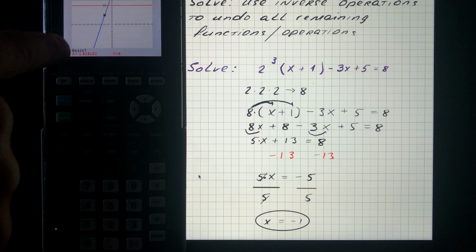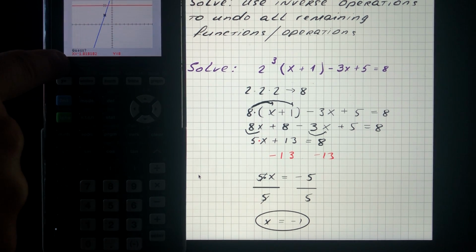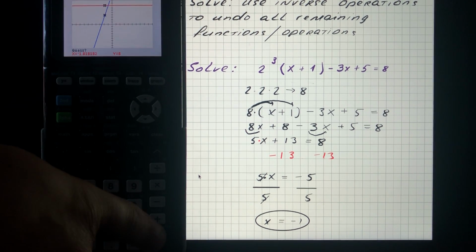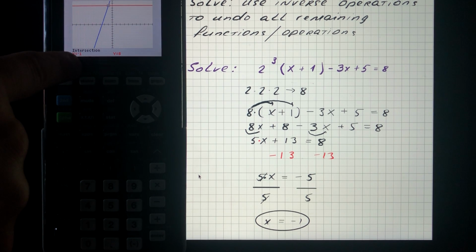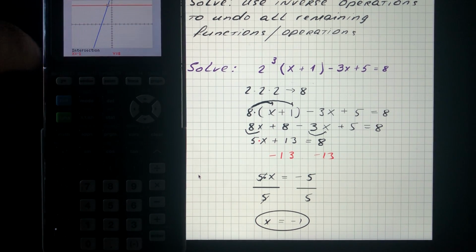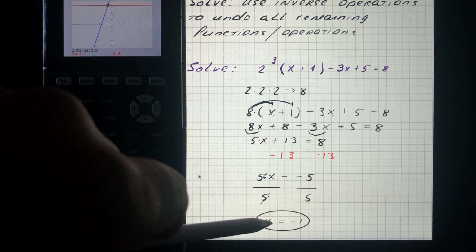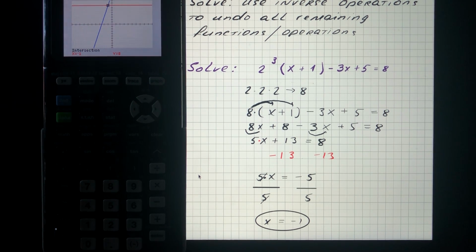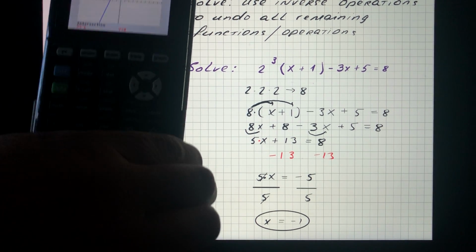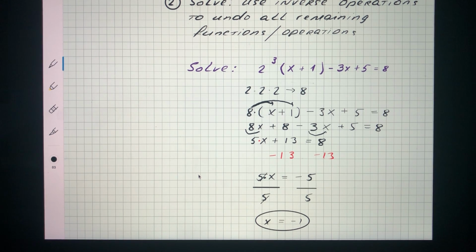Would you like to guess? Notice that it's not asking for an exact solution. It does not know what an exact solution is. It can only approximate the answer. So yes, enter confirms. And the answer is negative 1. So the x answer is negative 1, exactly the same as what we have found by hand. So we can use the calculator to double check our work on the test or the homework.